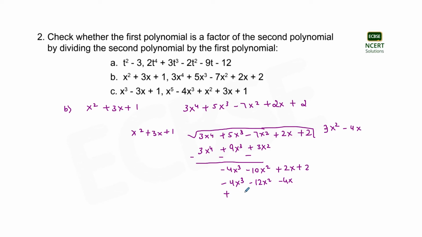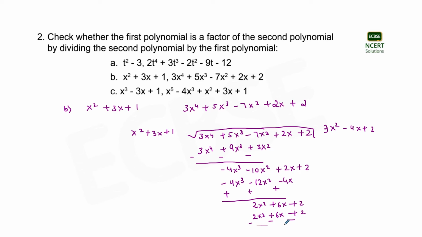Now changing the sign, so we will obtain 2x square plus 6x and then plus 2. Now again dividing the dividend with the divisor, the term obtained will be plus 2. So here it comes out to be 2x square plus 6x plus 2.